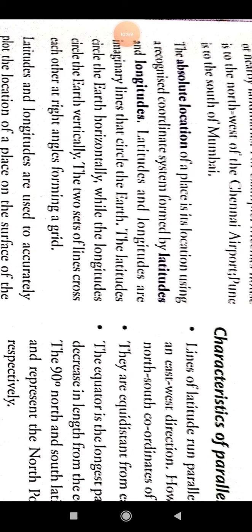When we locate a place by using latitudes and longitudes, that location is called absolute location. And relative location is when we locate a place with the help of another landmark. And when we locate a place with the help of latitudes and longitudes, that is called absolute location.